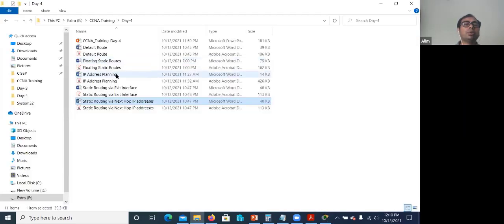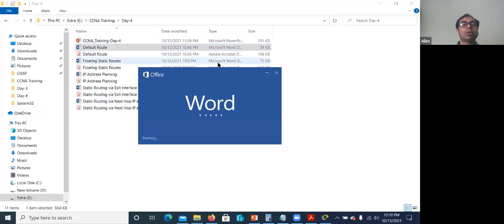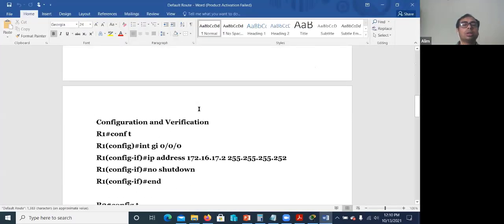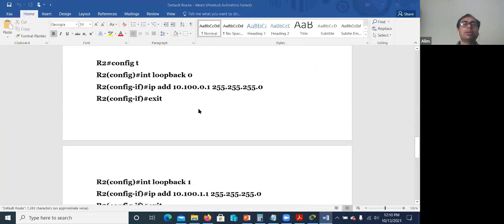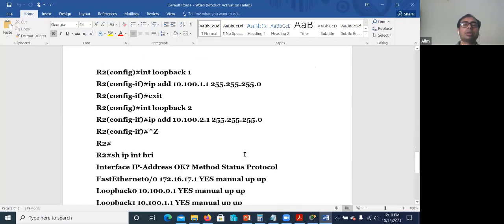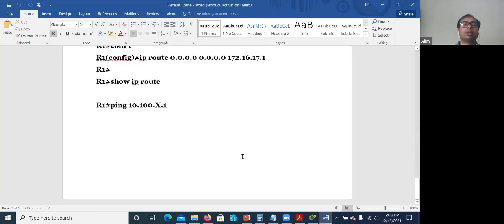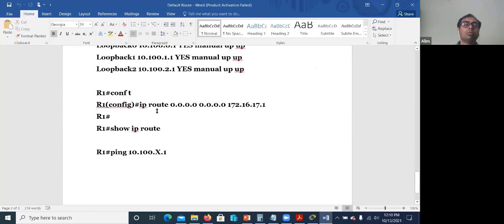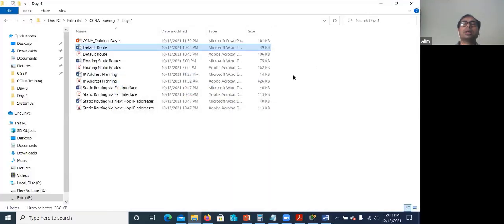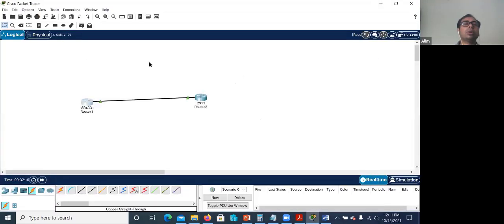Another lab is default route. Okay, same scenario, so you don't need to think about this. What is default? Default route command is, okay, one interesting thing you will see, but in Cisco we don't use this.